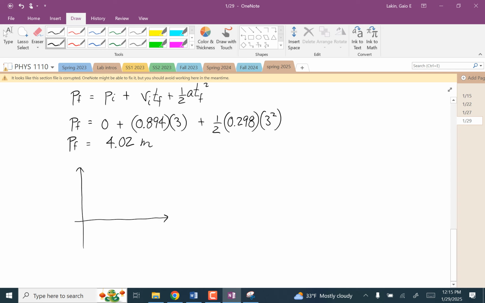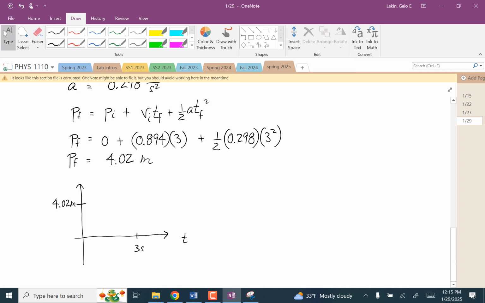The times that we know about are time 0 and time 3 seconds. And the positions we know about are position 0 and position 4.02. And so we know it's going to start here and end here.